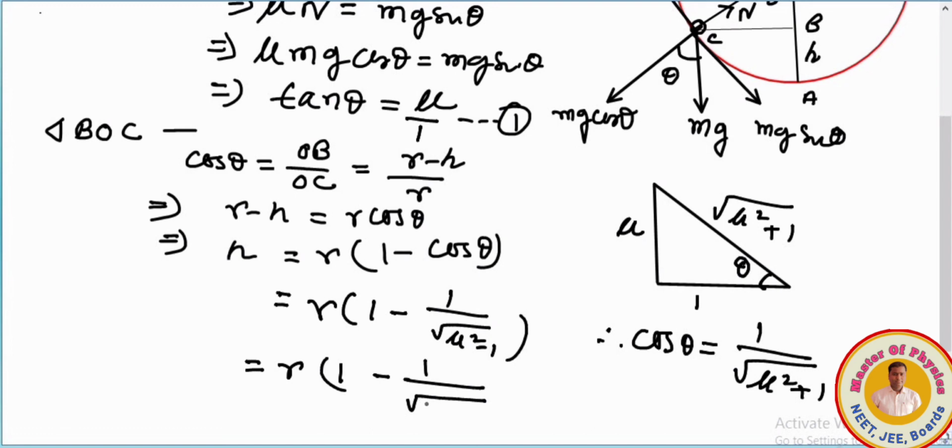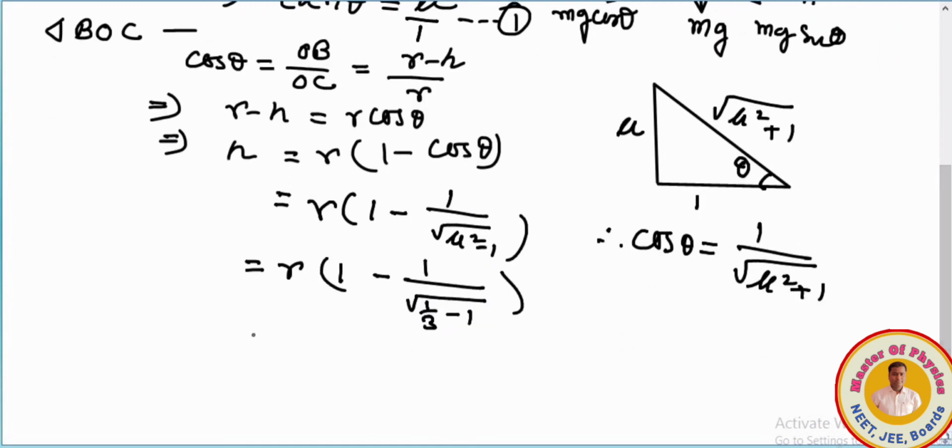Here mu square is 1 by 3, so mu square plus 1 gives 1 by under root 4 by 3, which is root 3 by 2.